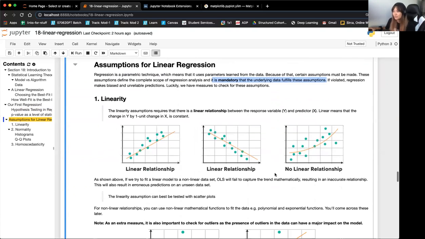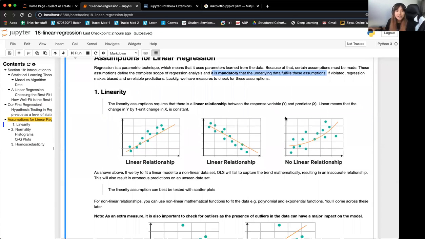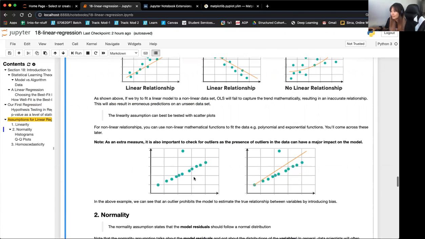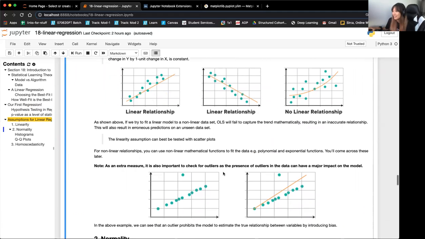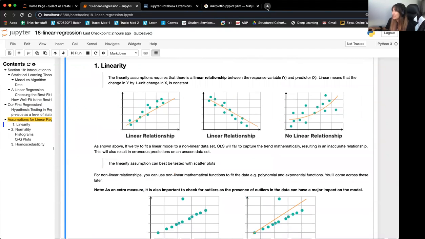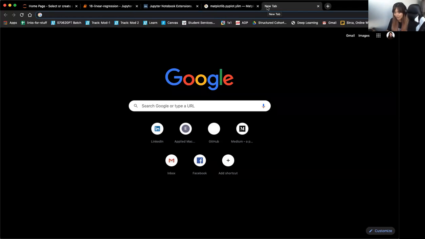The first one, pretty simple, is linearity. Linearity requires that there's a linear relationship between response variables and predictors, so basically between your independent and dependent variables. All you have to do to check for this is plot scatter plots. Let's see if I can get some examples of scatter plots.